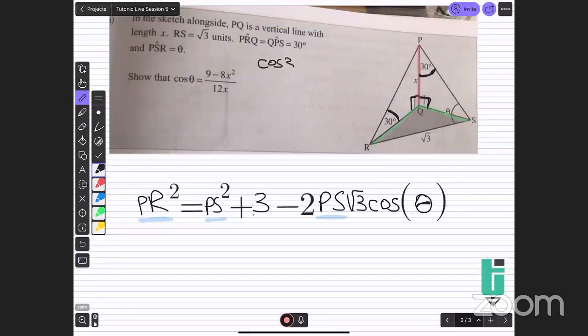Your cos 30 equals x over PS. And then PS is just going to equal x over cos 30. But cos 30 is root 3 over 2, so if you're dividing by cos 30, it becomes 2x over root 3. It's going to be the flipped over.